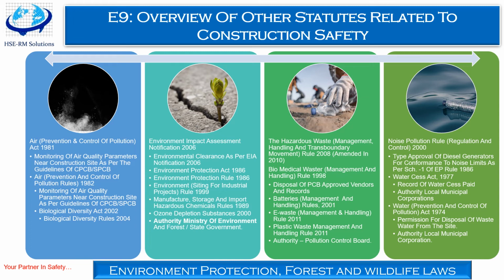Similarly, the Environment Siting for Industrial Projects Rule lays down detailed provisions related to areas to avoid for siting of industry, and precautionary measures to be taken for site selection, as also aspects of environmental protection that should be incorporated during the implementation of the industrial development project. Similarly, the Manufacture, Storage and Import of Hazardous Chemical Rules 1989 have the objective of proper management of manufacture, storage and import of hazardous chemicals.